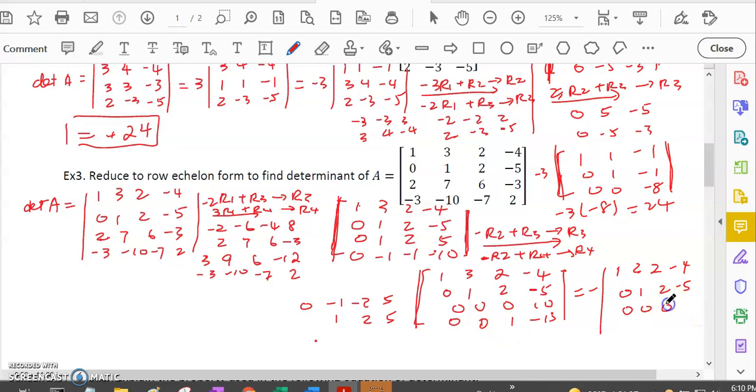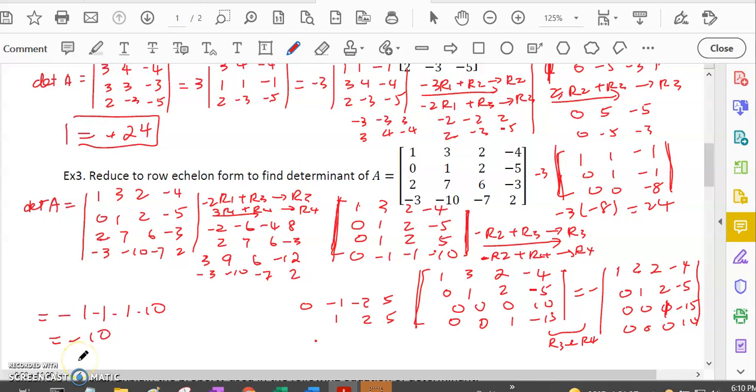So I just need to switch the 2, right? 1 and negative 15 and 0, 0, 0, 10. But because I switched, row 3 and row 4 swap, so I do negative, and this is an upper triangular, so the determinant would be negative of 1 times 1 times 1 times 10. So it's equal to negative 10.